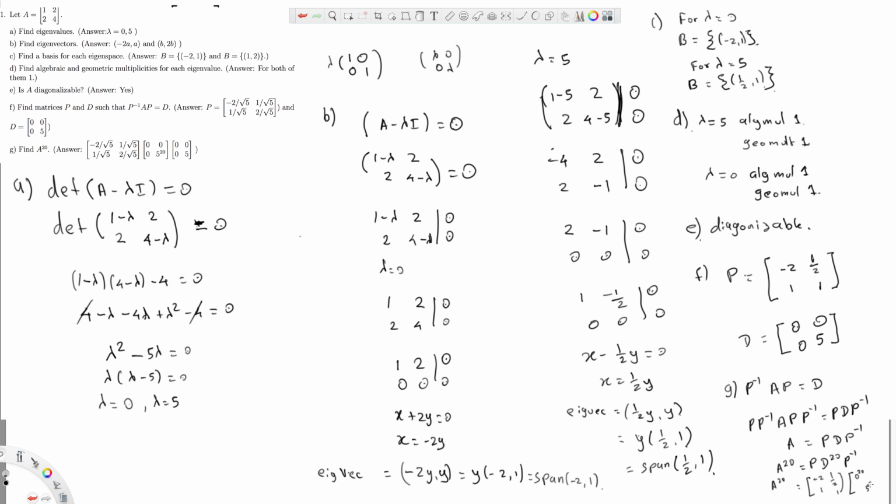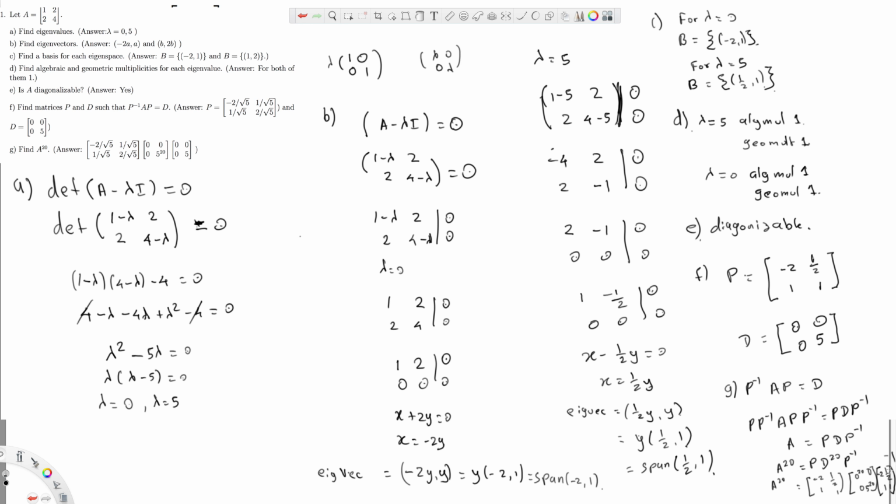Then 5 to the 20, here 0, 0, multiplied by P inverse. Since I don't have enough space, I just write here: the inverse of minus 2, half, 1, 1.